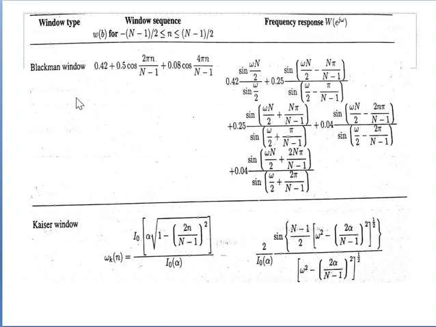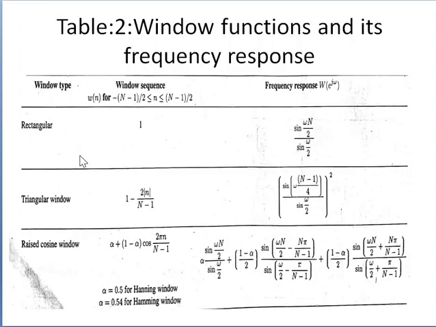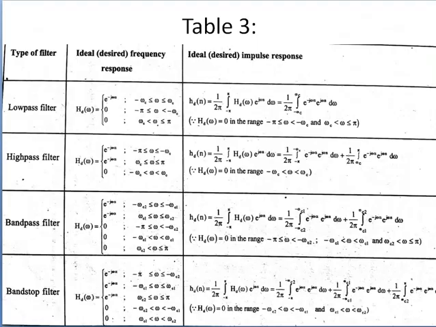Now coming to the Blackman window, W of n is this one, and for the Kaiser window, W of n is this one. For each case, I have mentioned the frequency response also, but the very important one is W of n. All of you remember the W of n for each window to solve the problem. So this is table 2.